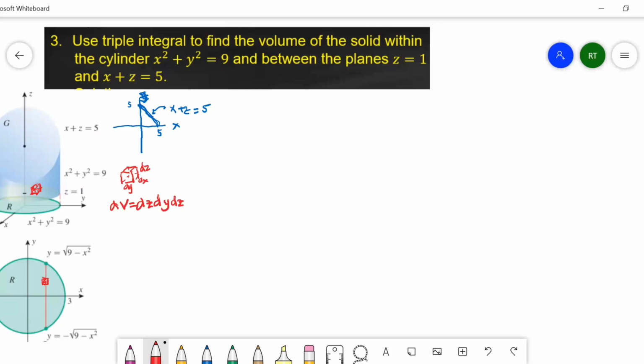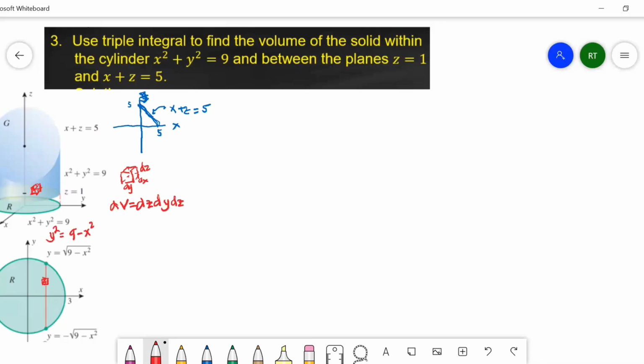So since we have a circle, x squared plus y squared is equal to 9, we can solve for y. Actually we can have this as y squared is equal to 9 minus x squared.